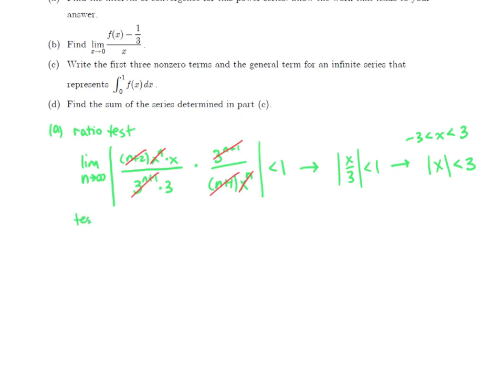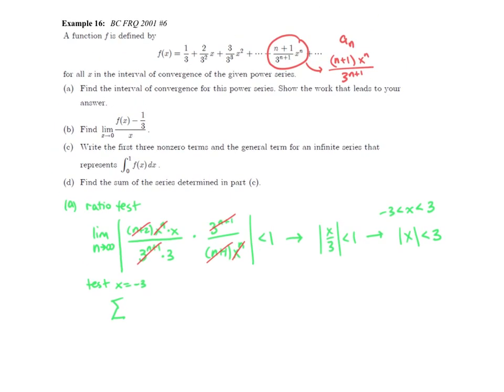So we're going to test x equal to -3 in our general term. Remember, you're taking that general term that I have circled at the top, which is n plus 1 multiplied by x, which is -3 to the n, divided by 3 to the n plus 1. I'm going to make that 3 to the n times 3, because if I do, this simplifies to -1 to the n times the quantity n plus 1 divided by 3.